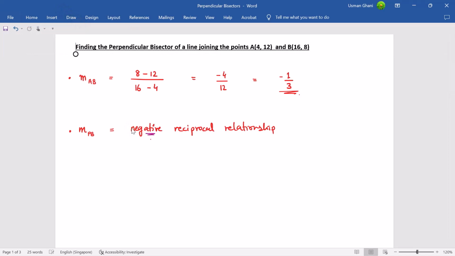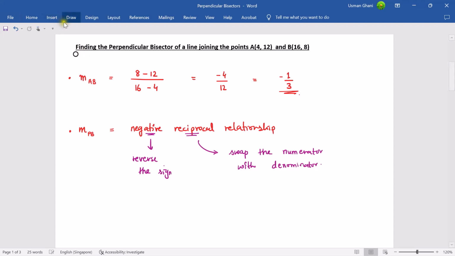If it's positive, you make it negative. If it's negative, you make it positive. Simply reverse the sign. And reciprocal simply means you swap the places of the numerator and the denominator. So swap the numerator of the fraction with the denominator, and vice versa, obviously.